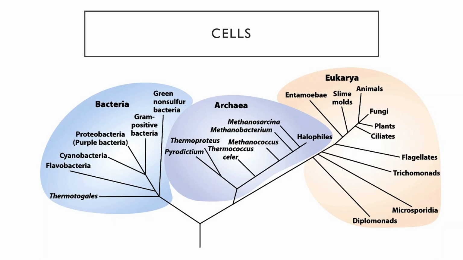Also, it turns out that archaea are actually more closely related to the other major group of cellular organisms, which are the eukaryotes. So eukaryotes include all of the multicellular organisms, so that includes us, animals, but also fungi and plants. And then there are a whole bunch of single-celled eukaryotes, which sometimes get called the protists or protozoa.